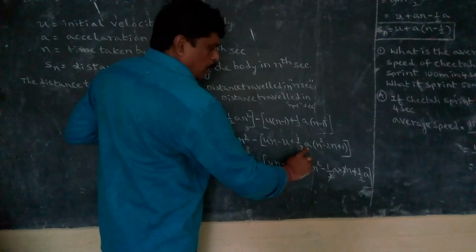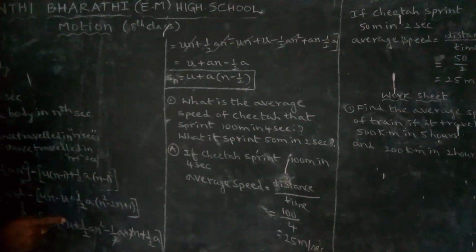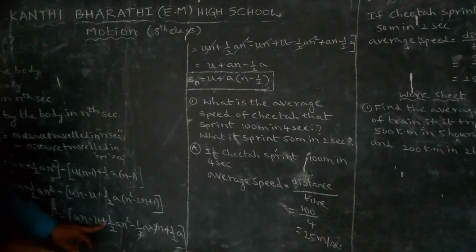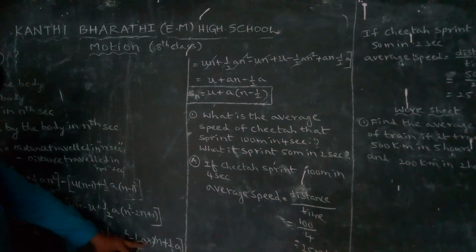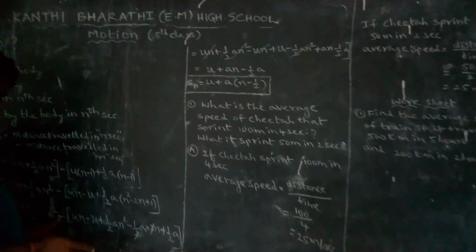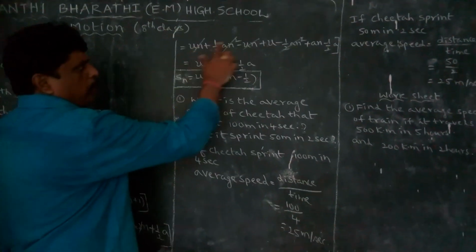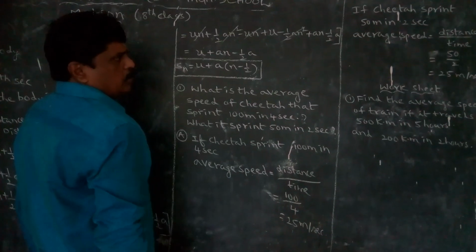Next, un plus half an square, here minus u into n is minus un, and minus into minus is plus u, and here minus into plus is minus half an square, minus into minus is plus an, minus into plus is minus half a. Here plus un and minus un cancel, and plus half an square and minus half an square cancel.